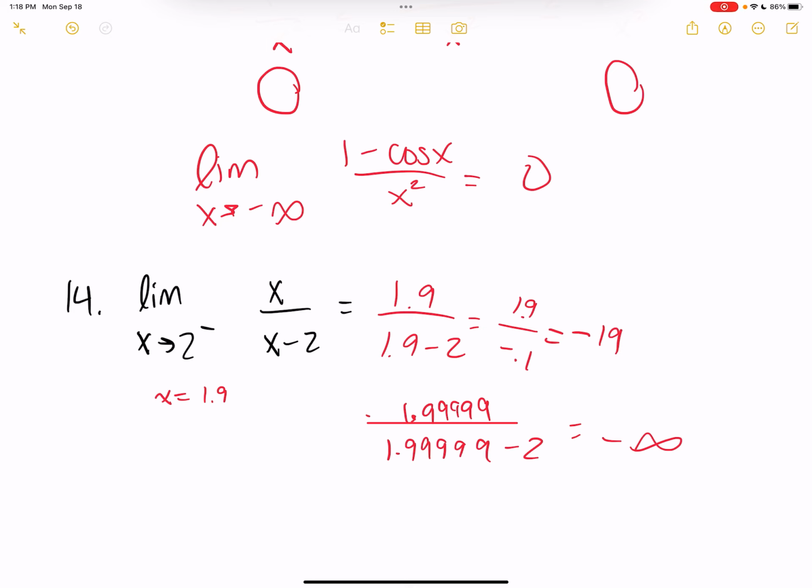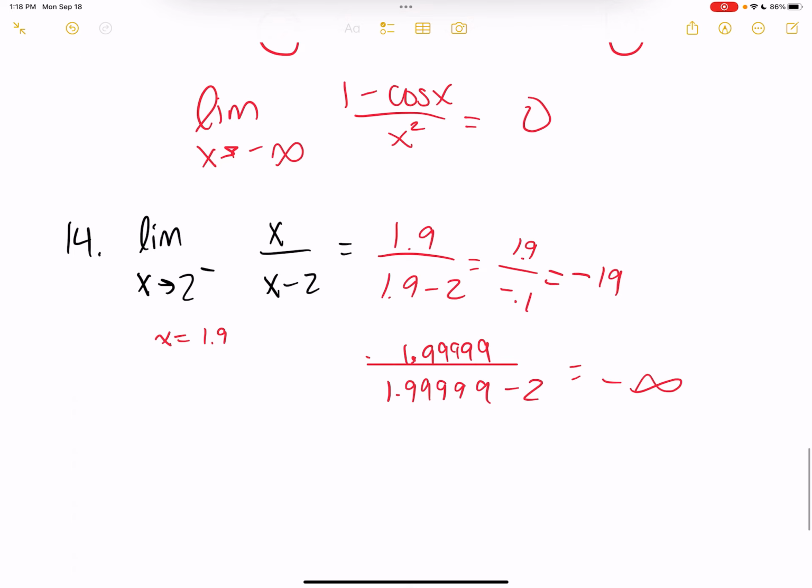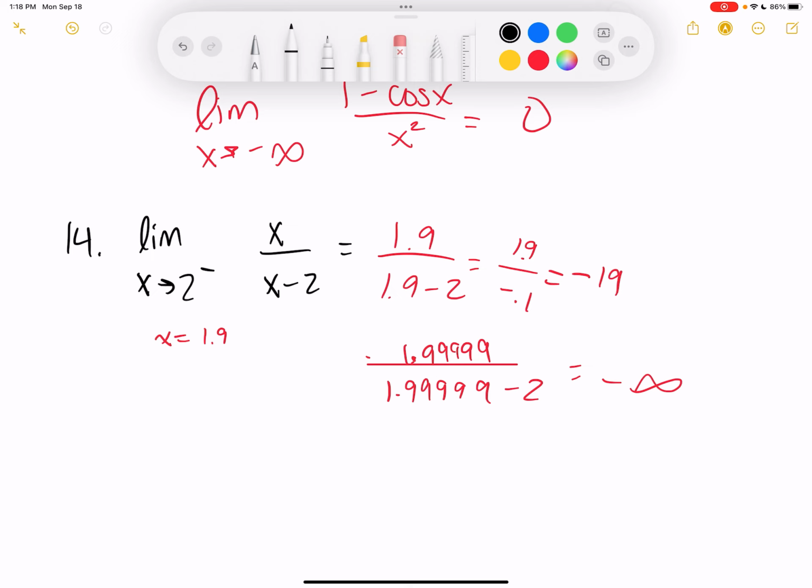Where are we at time-wise? All right, let's look at one more, 20, and then we'll just go ahead and stop for today, and then we'll pick up the rest tomorrow.